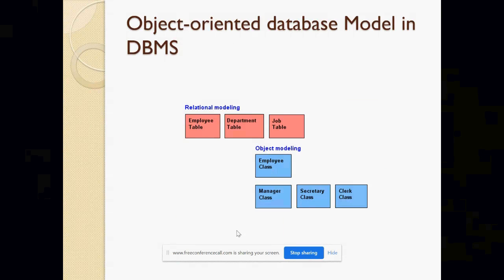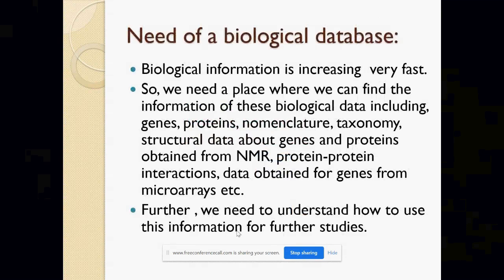Why we saw these types of databases? Because we will see their uses in biological databases as well. That how the biological databases use these data to keep the information about various macromolecules, biological macromolecules.